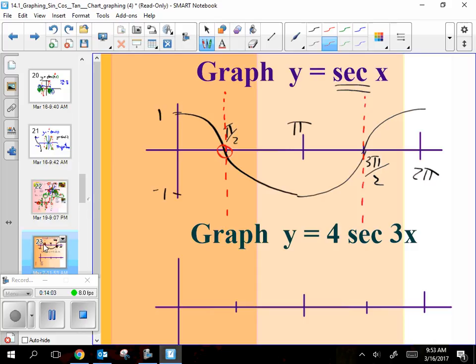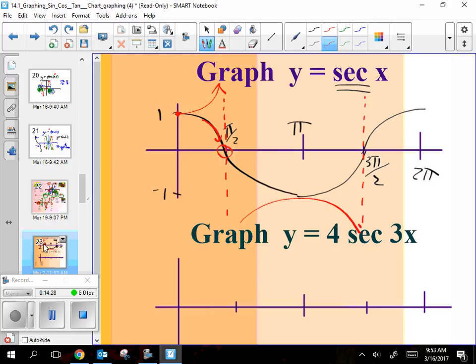Then the graph of secant is 1 over whatever cosine was. So here's where cosine was 1, and that means it's 1 over 1, which means it actually is the only spot that they share is right there. And then as this one gets smaller and smaller, that's cosine getting smaller and smaller, this one's going to get bigger and bigger.